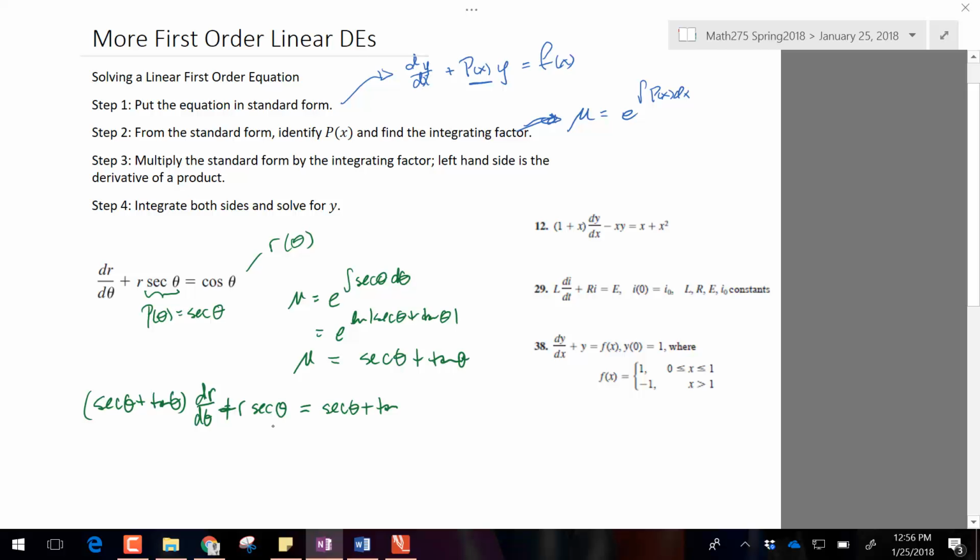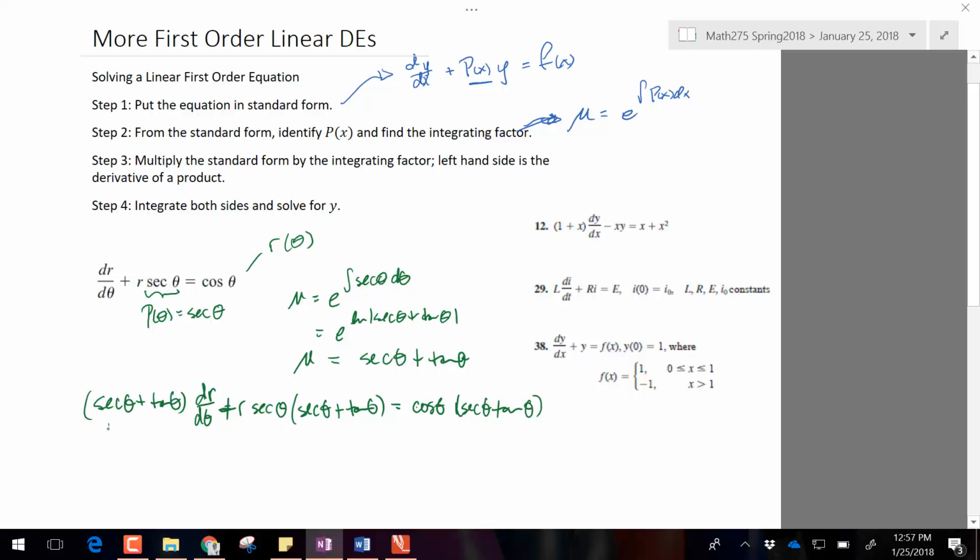Yeah. Sorry. I'm going to multiply this. This is why I want to skip that step, because there's a lot more writing than what's needed. Anyways, the right-hand side is the cosine theta times secant theta plus tan theta.